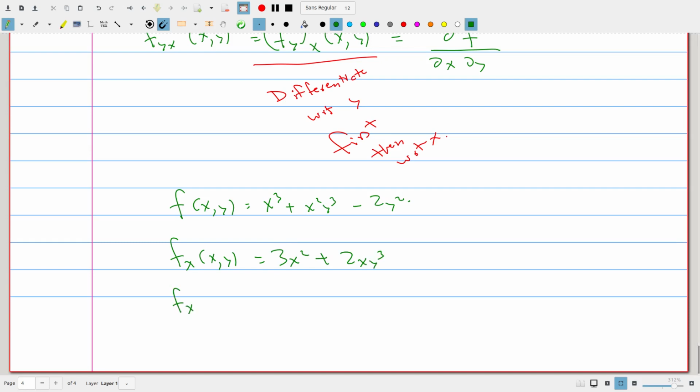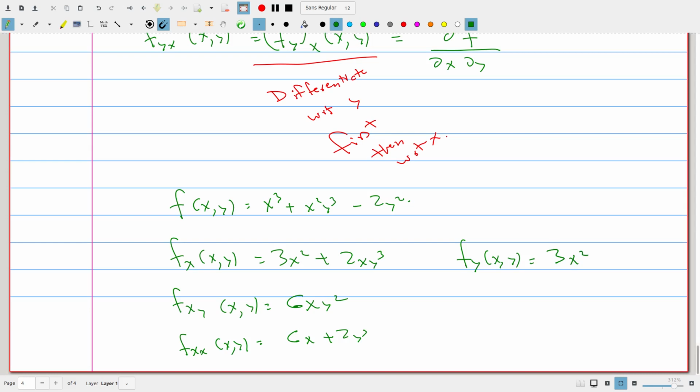And fxy equals 6xy squared. You differentiate with respect to x first and then with respect to y. And fxx is equal to 6x plus 2y cubed. And then you have fy, which is equal to 3x squared y squared minus 4y.